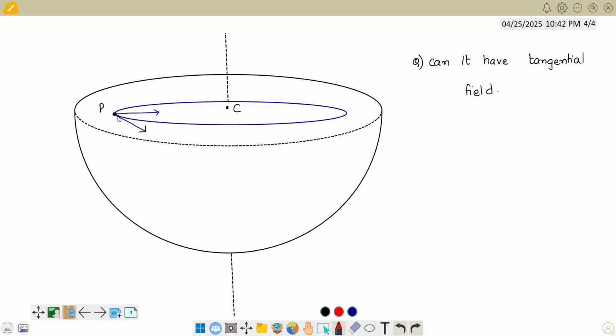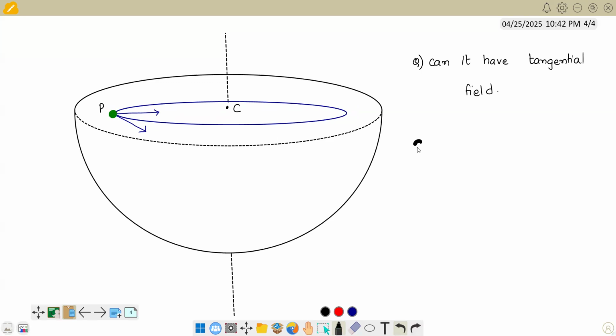If it has a tangential component, imagine you have a small mass placed here, and you keep moving it on this circle. It started from this point P and again reached the same point P. Understood?